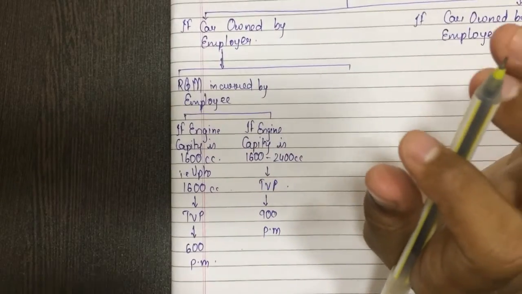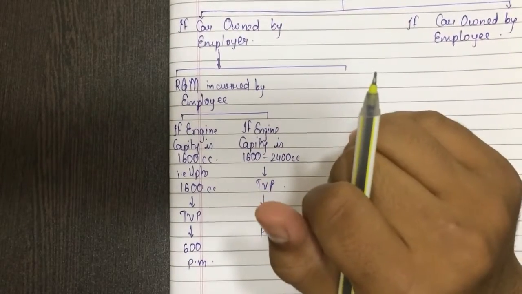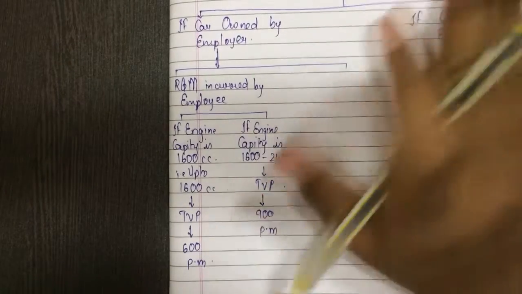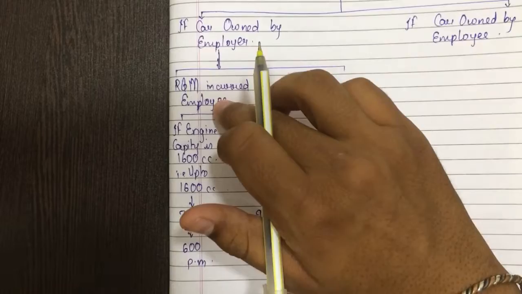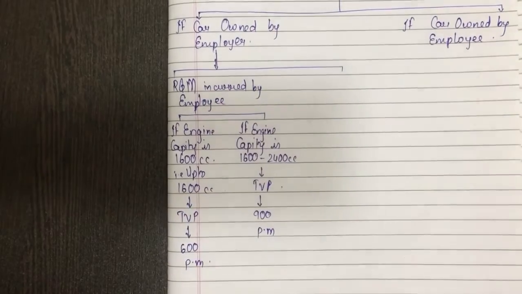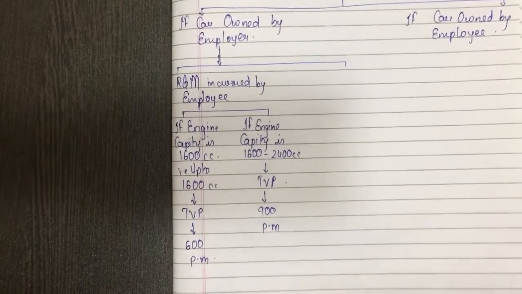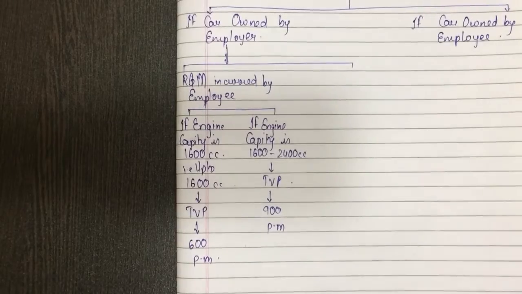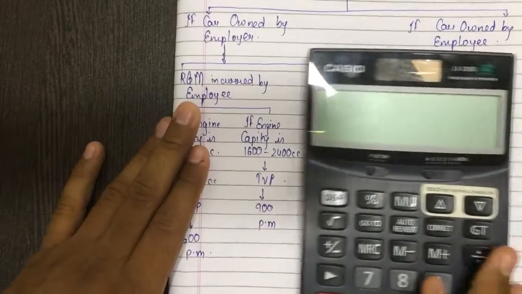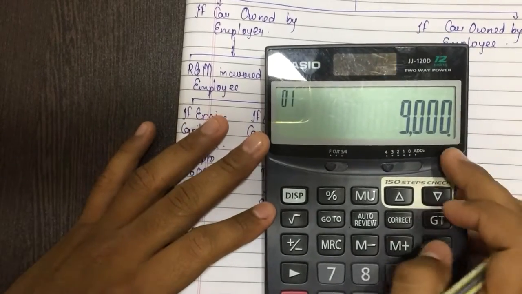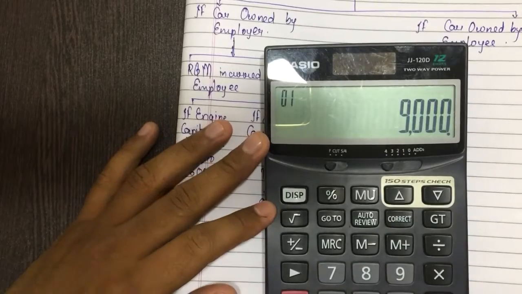That is, if in the question it is clearly given to you that the car is owned by the employer and repairs and maintenance are done by the employee and some expenses are shown, you don't need to see anything. Say repairs and maintenance incurred by the employee is around 9,000, given in the question, you don't need to take that 9,000.